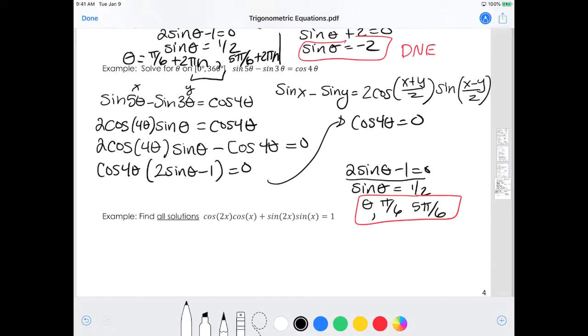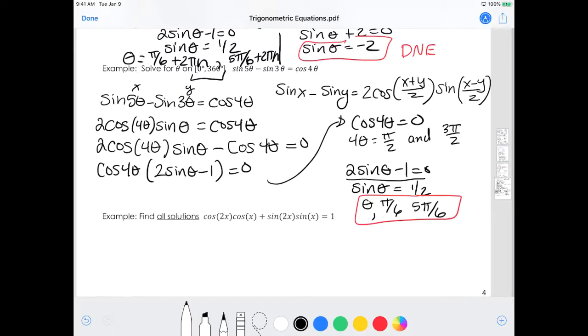Now for the first mini equation, I'm looking for angles that would sweep open and give me an x coordinate of 0 for my terminal point. And so that would give me pi over 2 and 3 pi over 2.